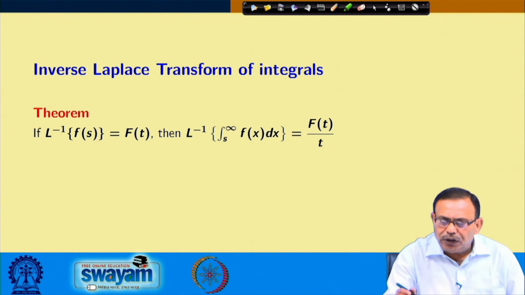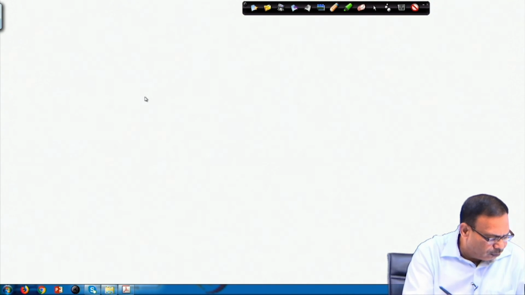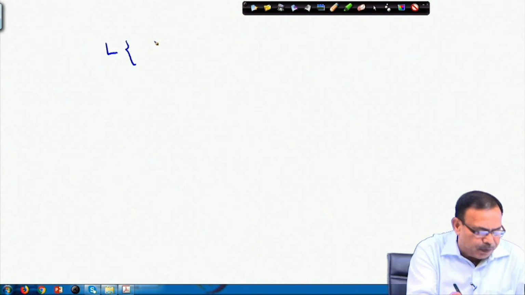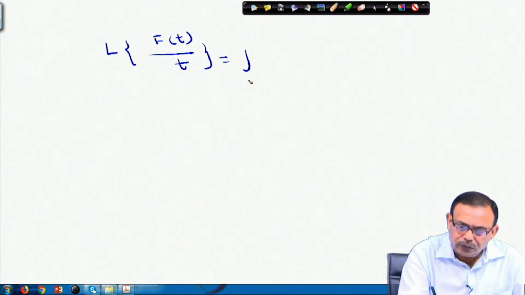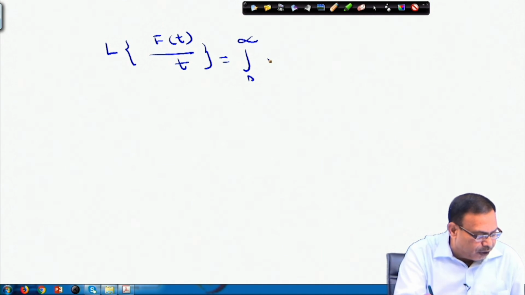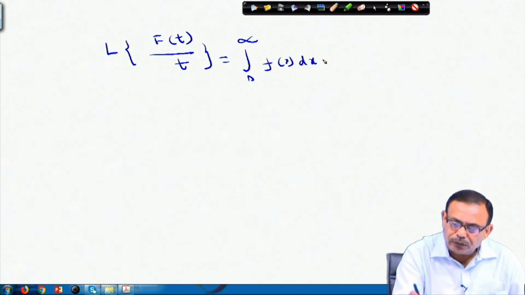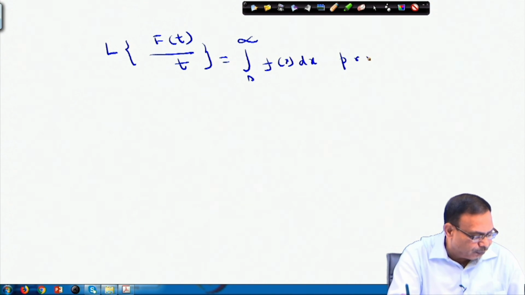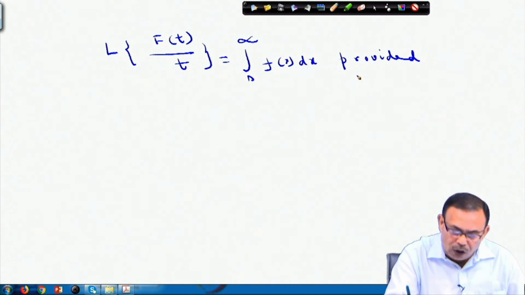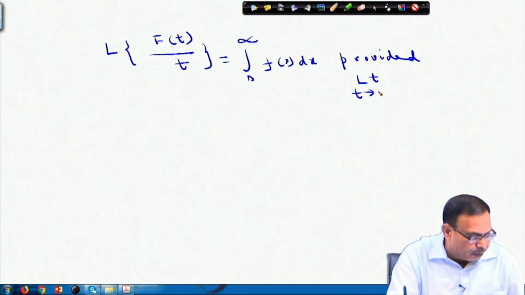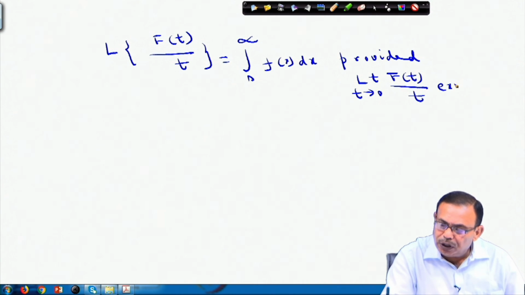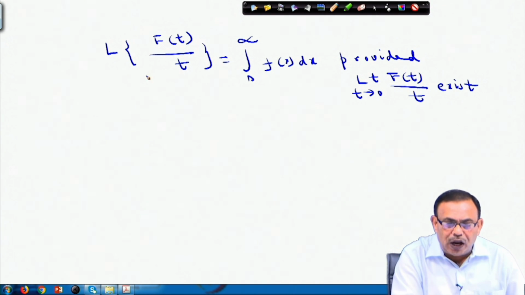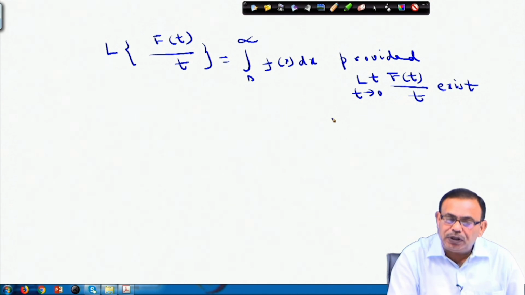For the proof of this one, we know this thing: Laplace transform of f(t)/t equals the integral from s to infinity of F(x) dx, provided, of course, that the limit as t approaches 0 of f(t)/t exists. So, we know Laplace transform of f(t)/t equals the integral from s to infinity of F(x) dx, provided this particular limit exists.